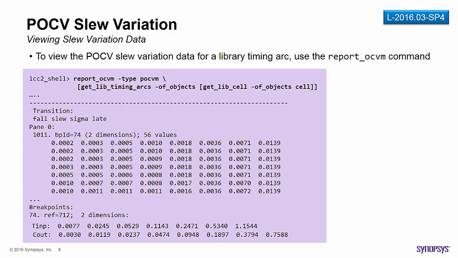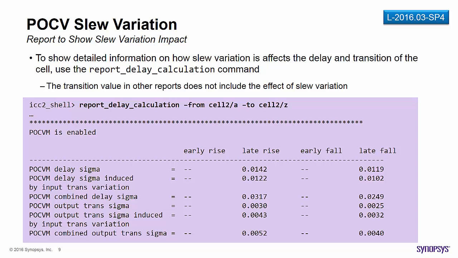Refer to report OCVM, which will show the POCB flow variation data for a library timing arc. To show detailed information on how flow variation affects the delay and the transition of the cell, you can use the report delay calculation command.